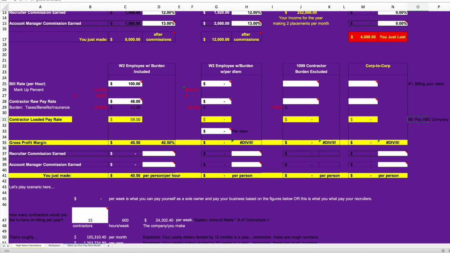Let's say you are working on an IT position that you're not familiar with. So you reach out to another company that has a pipeline of these people, and you say, listen, I've got a client. Let's say the client is Home Depot, one of my favorite examples, and they need an ERP developer.